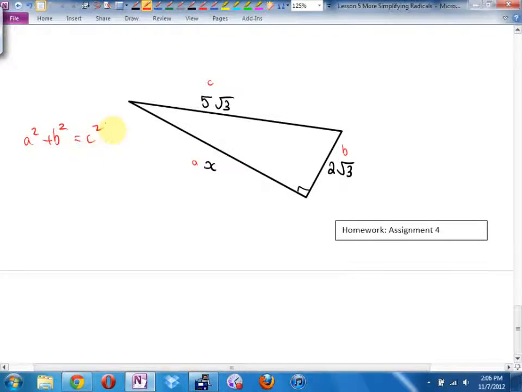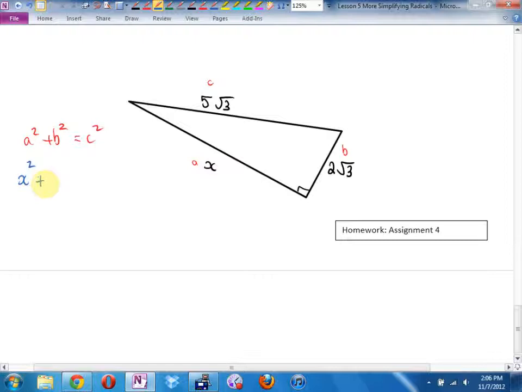I've written something down. It's no longer blank. I'm more relaxed. What's a? X squared. Okay, I can write that down, I think. Plus. What's b? 2 and then root 3 is not how we've been saying this.